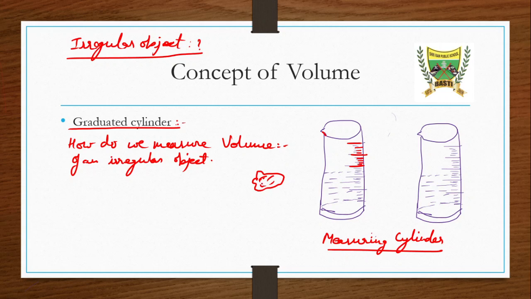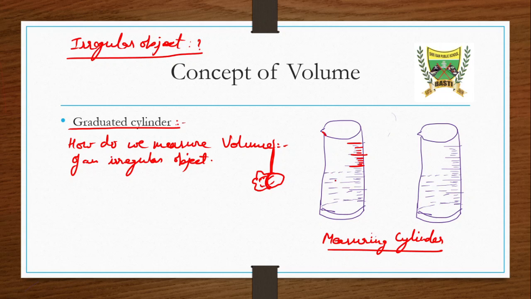So first of all, what will we do? We will tie this pebble with a thread, and this thread will be put inside the measuring cylinder.